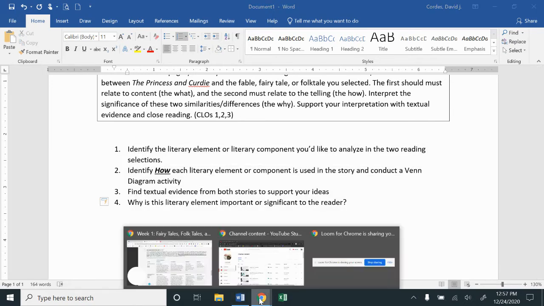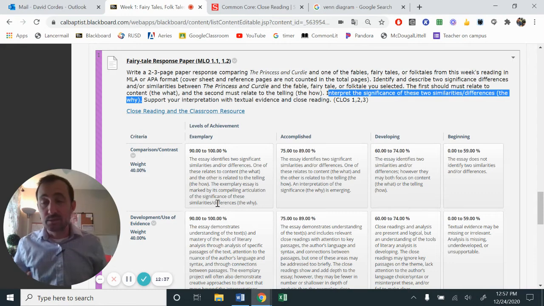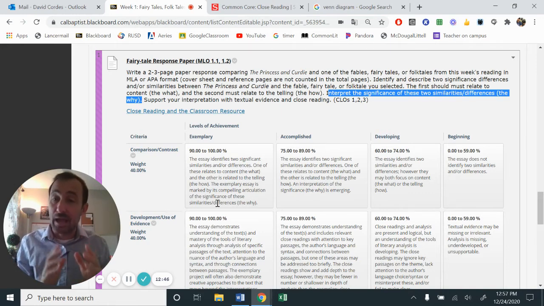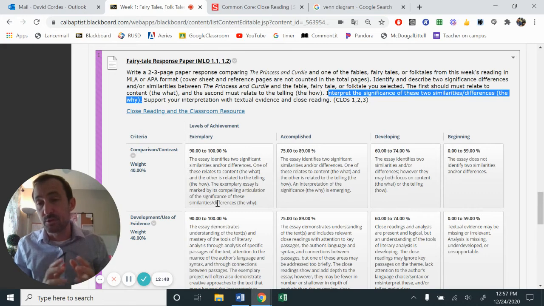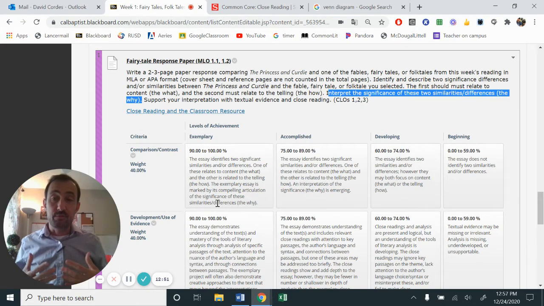Remember that this is academic writing, so you're not going to want to be personal in it. We don't want a Dear Diary moment. We want this to be academic because this is an upper division literature course. So remove the personal voice to make this academic.